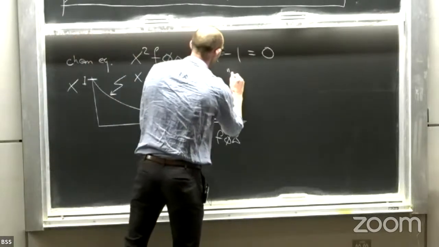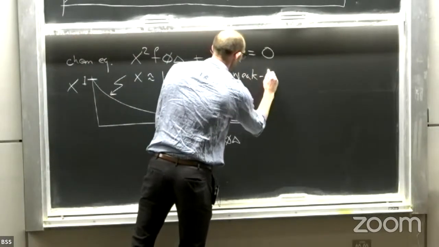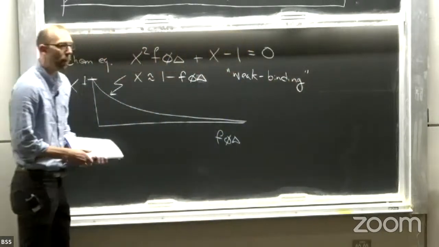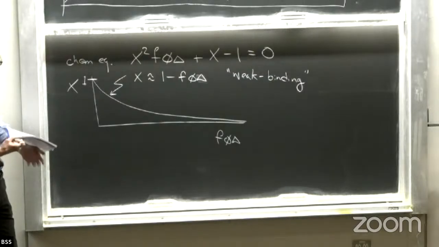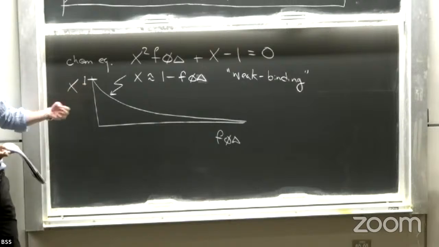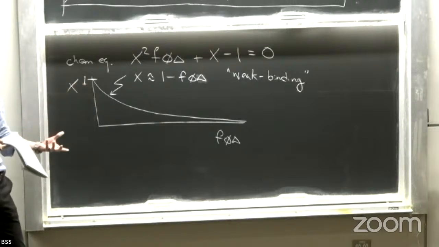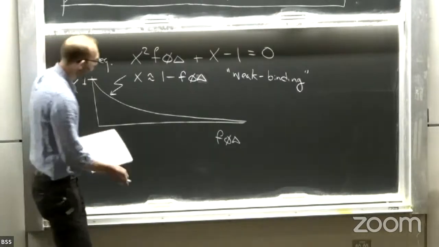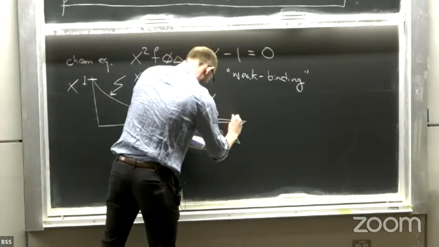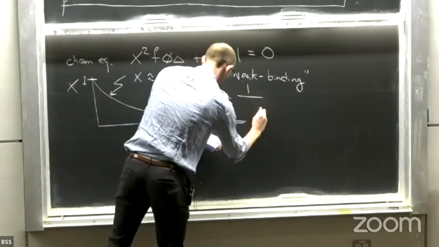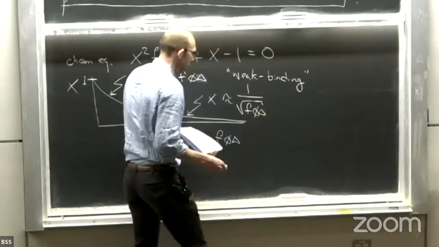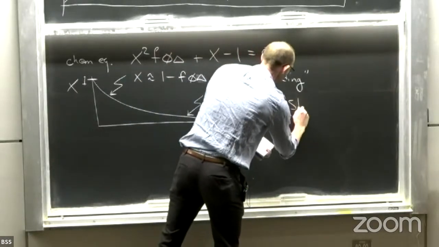We call this the weak binding regime, right? Because if we randomly choose any binding site, chances are it is not going to be forming any associative interaction. Whereas if we come down here, then we have a different asymptotic behavior. And this is our strong binding regime.